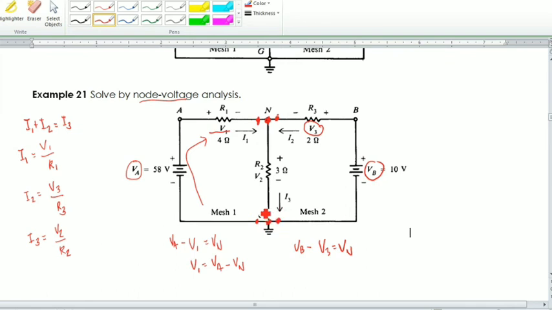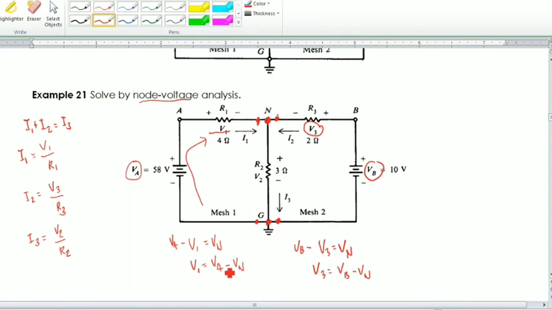So why do we have to subtract V sub 1 from V sub A, and why do we have to subtract V sub 3 from V sub B? Because they are parallel, class. They are parallel and they are just the same. So from this equation, we can solve for V sub 3 by subtracting: V sub B minus V sub N.